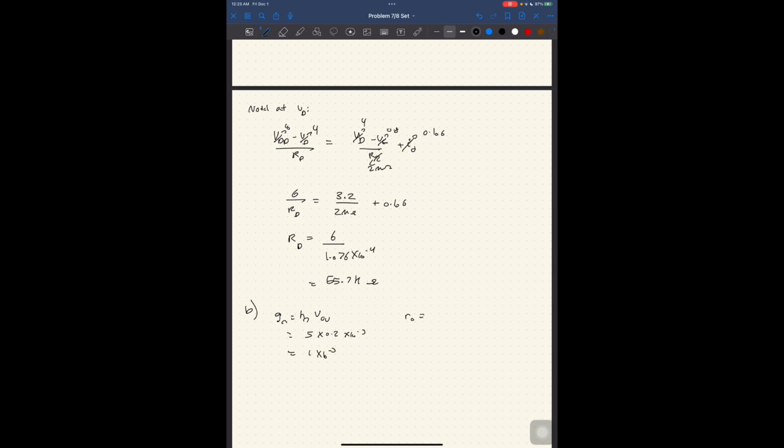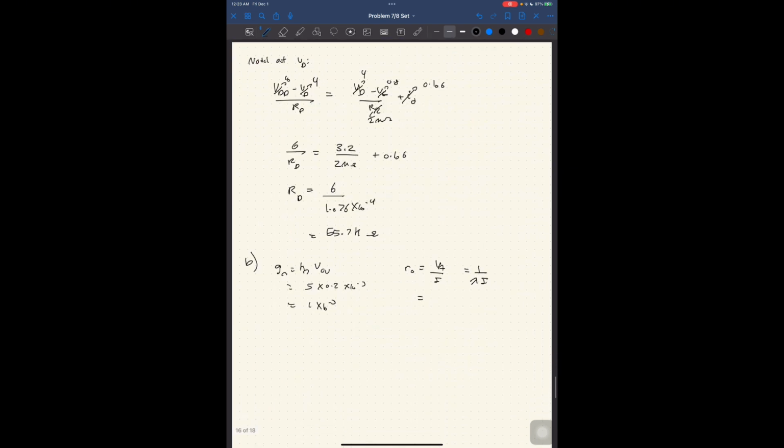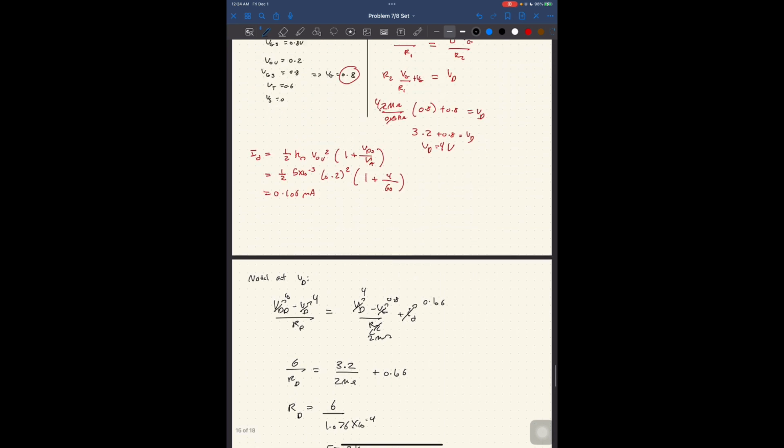R naught is equal to 1 over, nope, sorry, that's gm. R naught is equal to VA over I, or 1 over lambda I, and VA I'm told is 60, and I is 0.106, so R naught is 566.037 ohms, and this also makes sense.